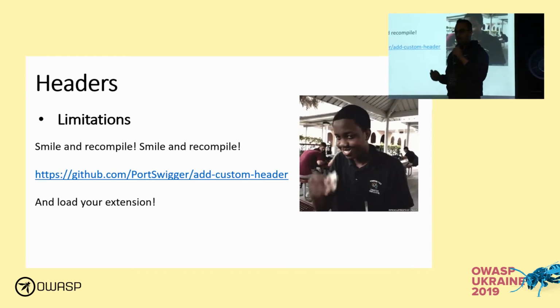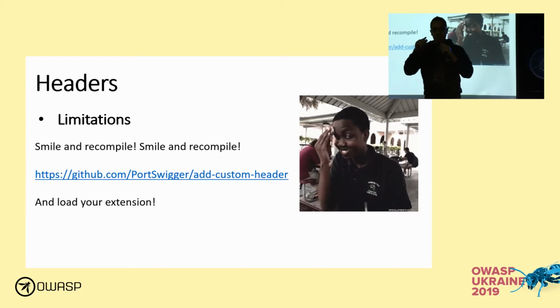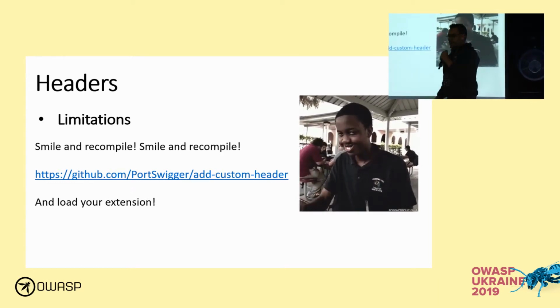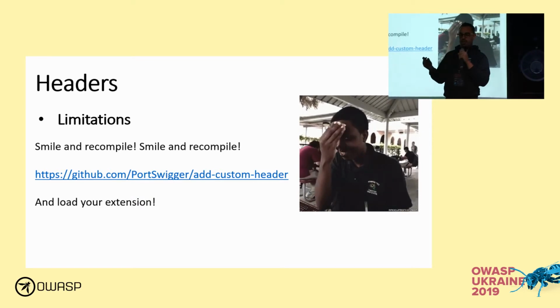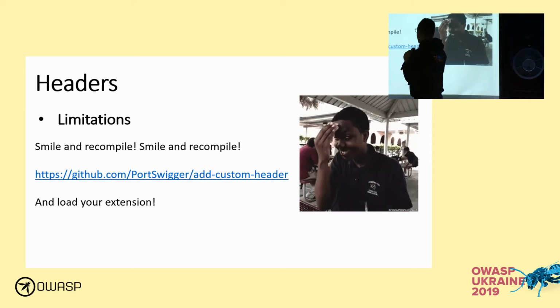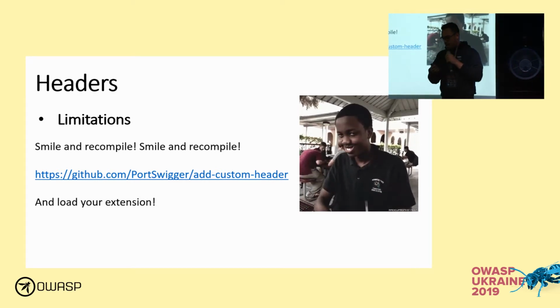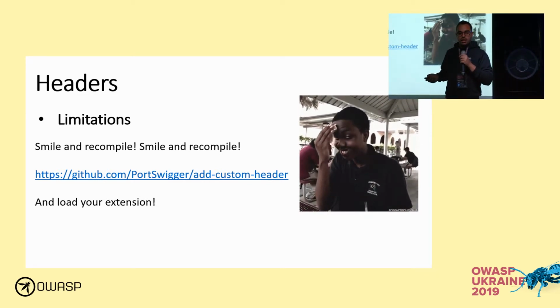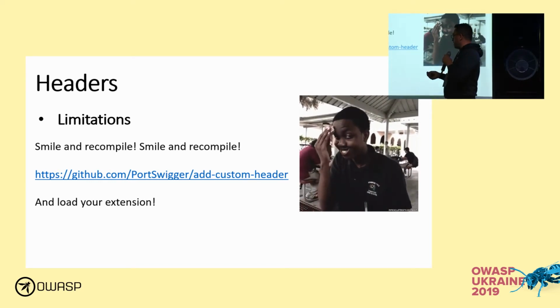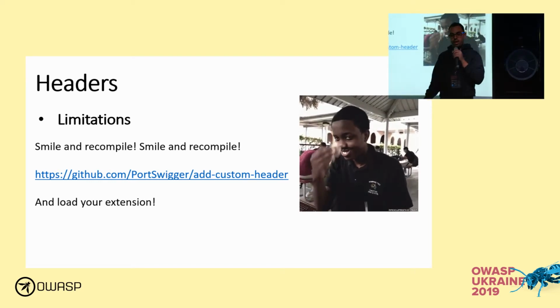So right now, if you go to Burp and install it, you don't need to recompile anymore. But if you get it from an old source or something like that, yes, you have to recompile it. For the guys that use Kali, it's pretty easy. Just follow the instructions here to recompile it.